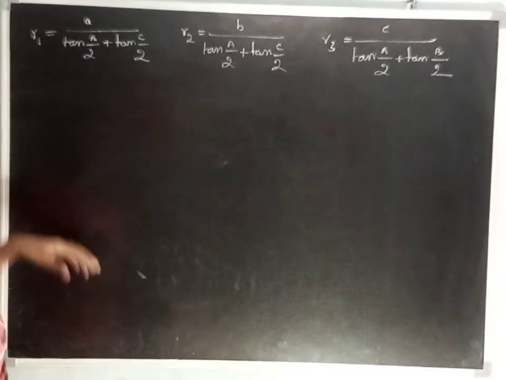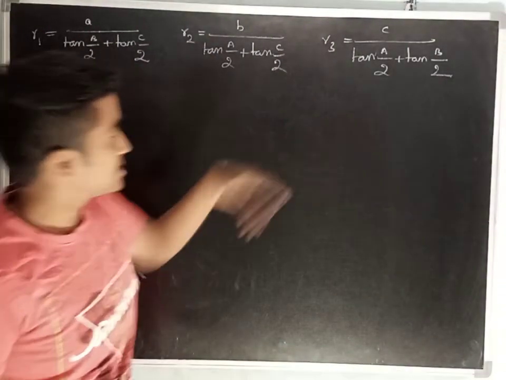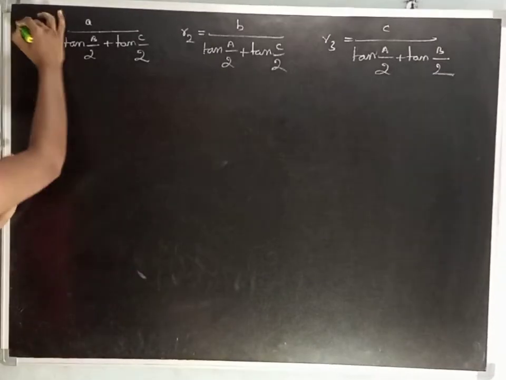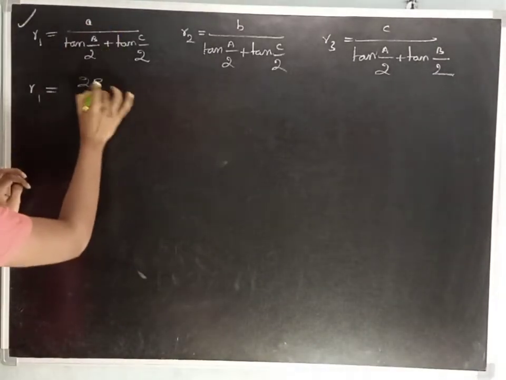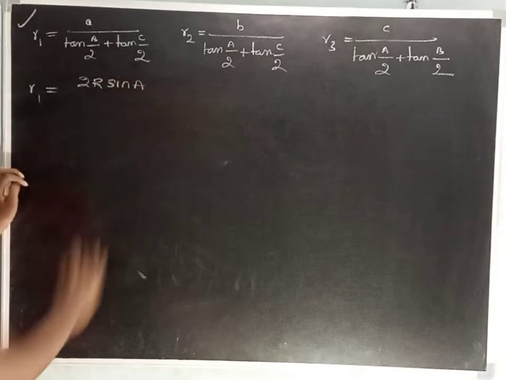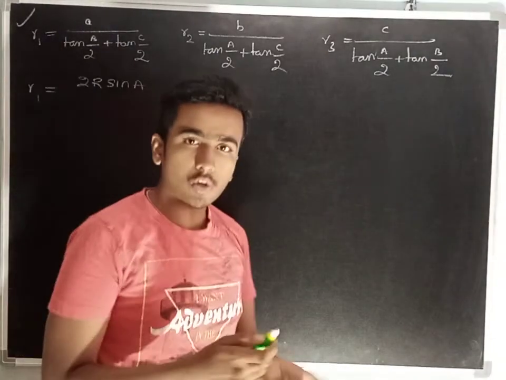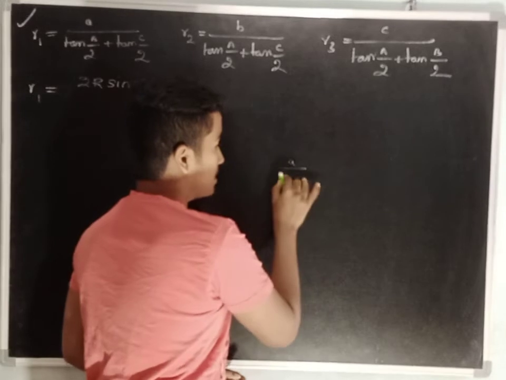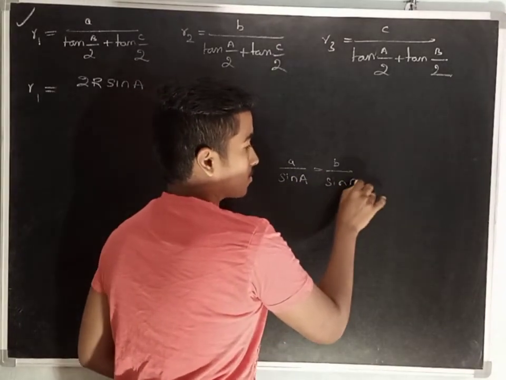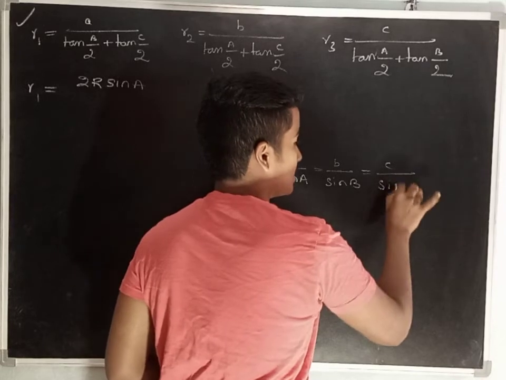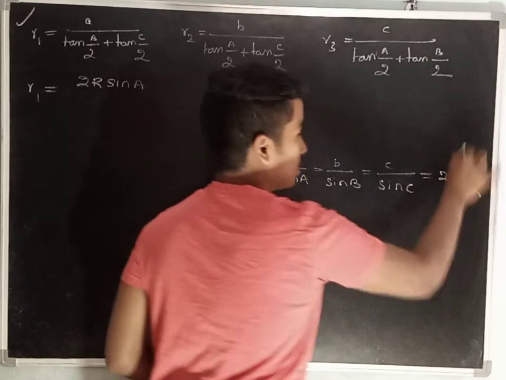Next I am going to simplify all this. Let me take R1, which is equal to A by tan B by 2 plus tan C by 2. A can be written as 2R sin A. As per the sine rule, A by sin A is equal to B by sin B is equal to C by sin C is equal to 2R.